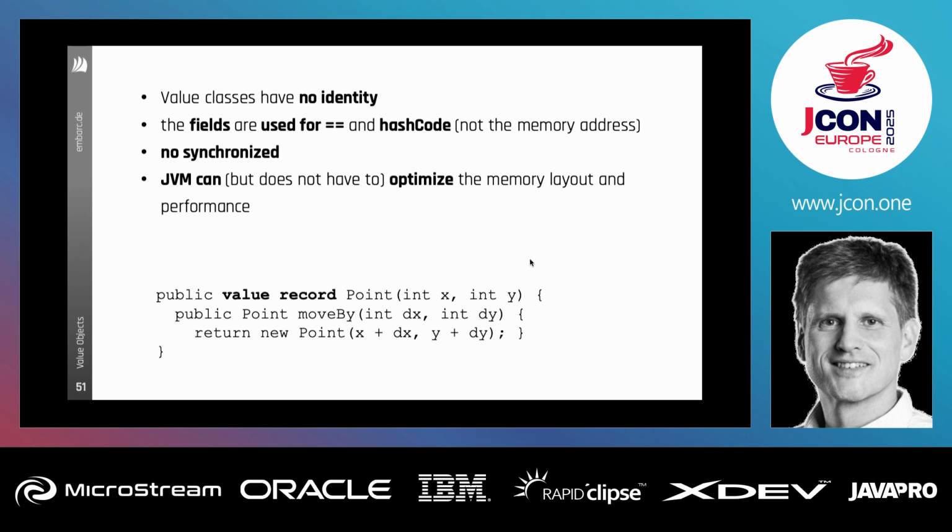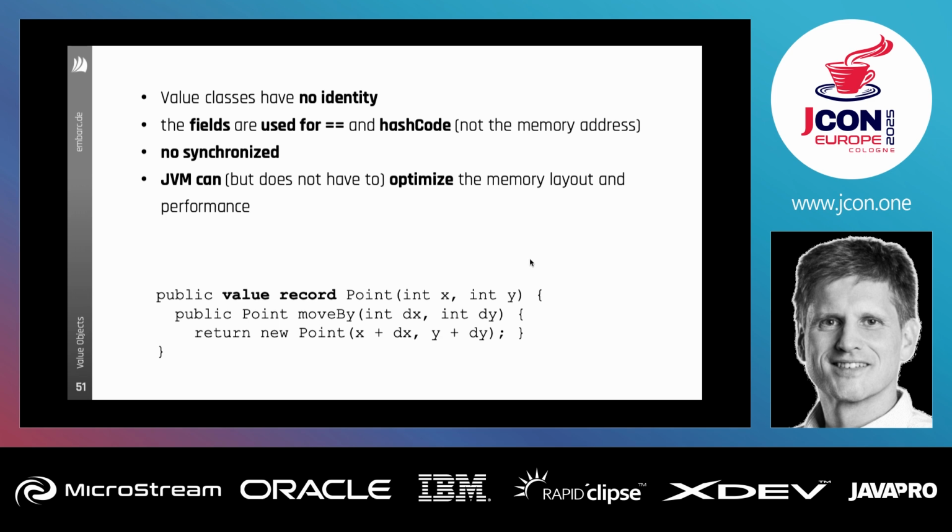They can't be used for synchronization, which we need to tackle race conditions in parallel programming, but we don't need that much, so it's not allowed. And we already talked about it, the JVM can optimize the memory layout and the performance, for example, by inlining the value objects on the stack and just saving them where they're used and making a copy by value instead of copy by reference.